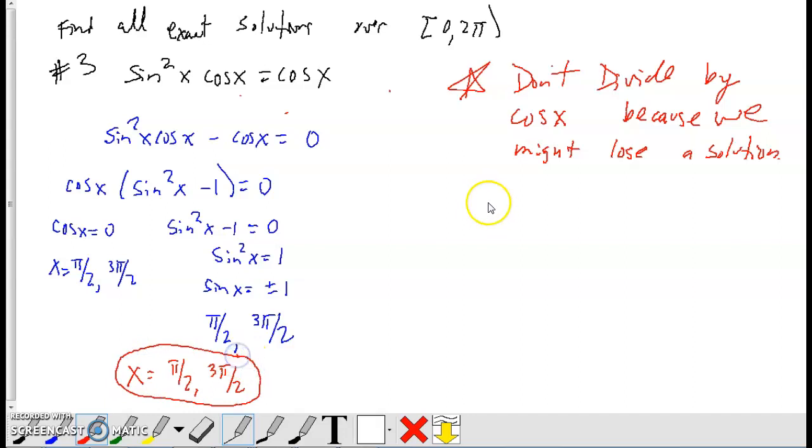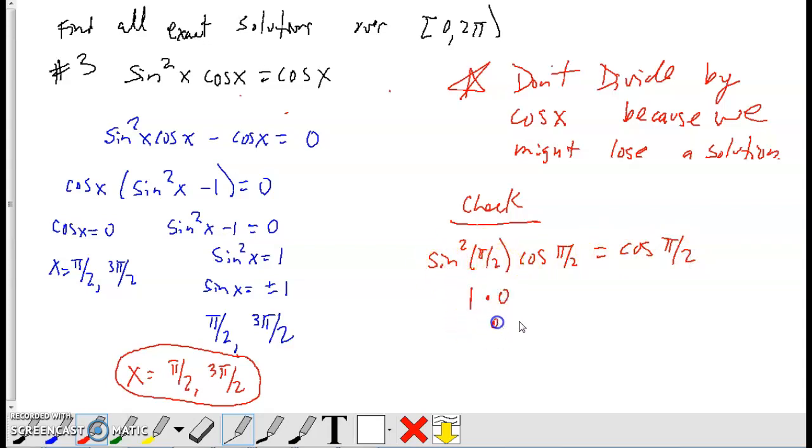Again, we want to check our answers, so let's quickly check. Let's say sine squared of pi over 2 times cosine of pi over 2 is equal to cosine of pi over 2. So sine of pi over 2 is 1, 1 squared is just 1, 1 times 0 is 0, cosine is equal to 0. So that does work out.